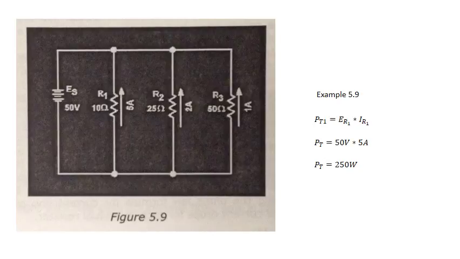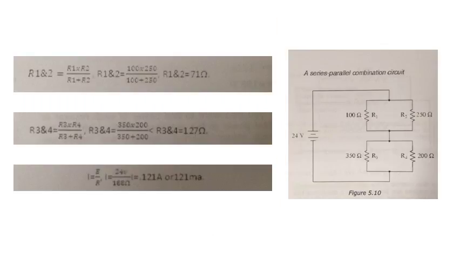PT1 equals 50 volts times 5 amps equals 250 watts. Now if you do this for each branch and add them together, you will get the power total for the circuit. If you were to remove any one of these known values, like figure 5.9, you could use Ohm's law to solve for the unknown value.